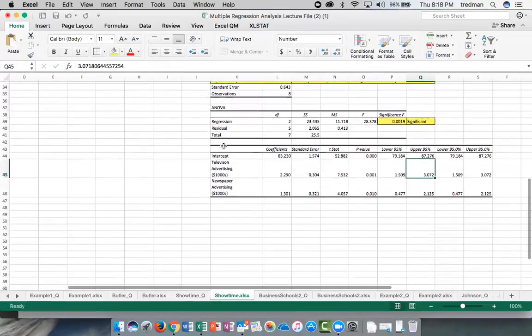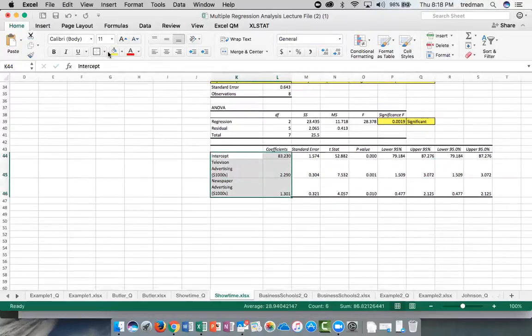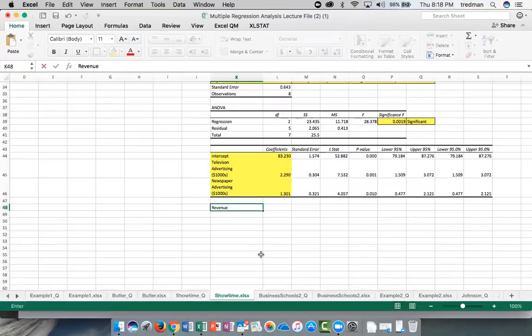And as far as my estimated regression equation here, using these coefficients, I will have revenue is equal to 83.23 plus 2.29 times TV ads plus 1.301 times newspaper ads.